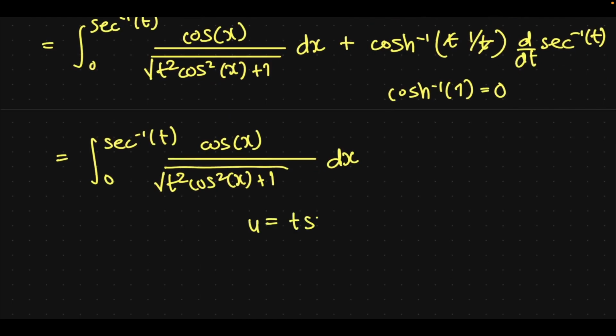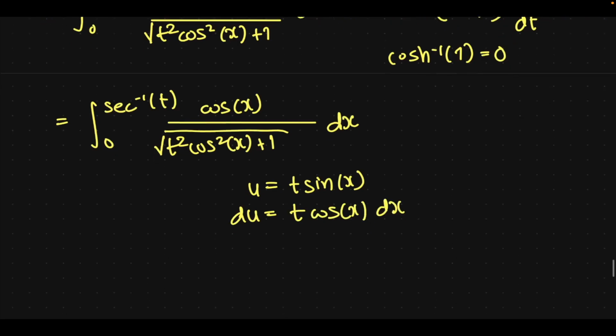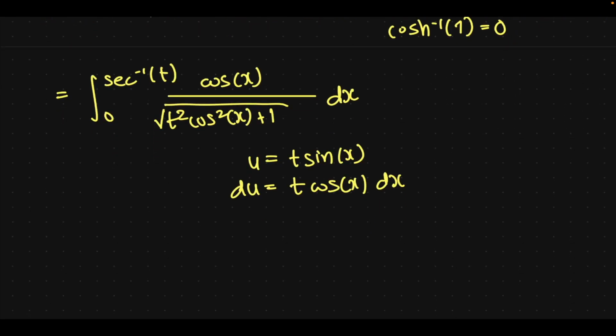Substitution comes in: u equals t sine x, and du is t cosine x dx, but that's not the hard part. The hard part is evaluating the upper bound. We have t sine of secant inverse of t for the upper bound on u.